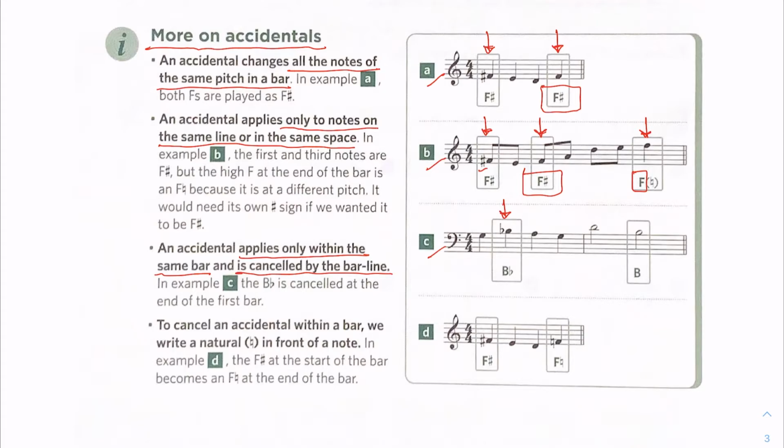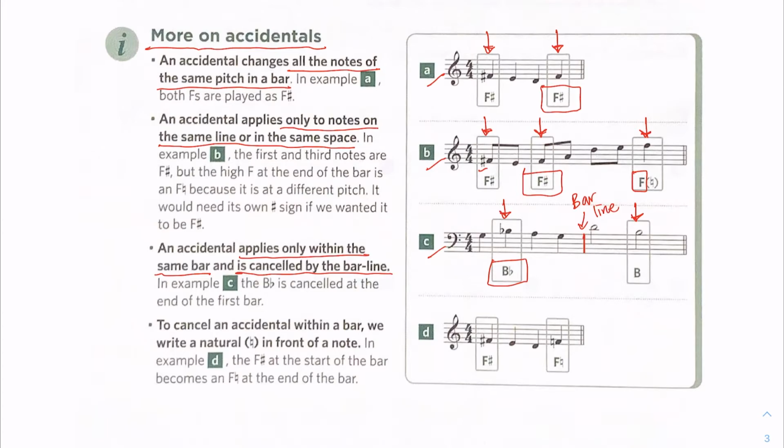So it is a B flat. And we see another B here. This B is to be played as a B, not a B flat, because there is a bar line here, and the bar line can cancel any accidental. So the accidental only applies to the notes within the same bar.